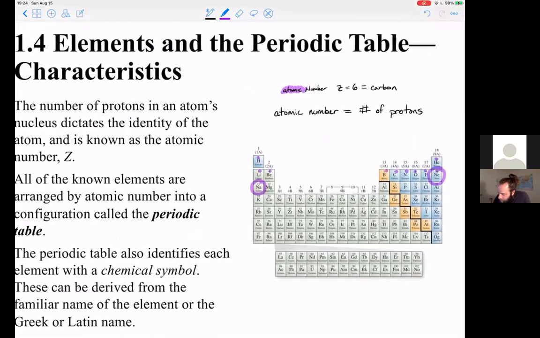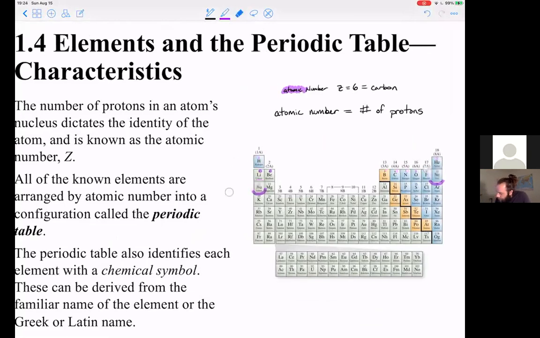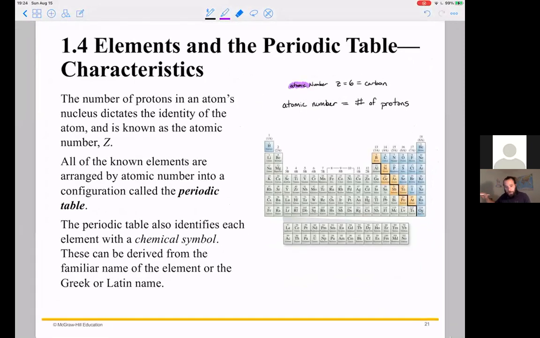So the periodic table is organized by increasing atomic number. But that atomic number is equal to the number of protons that that element has, right? Again, number of protons is what uniquely determines what element is what.